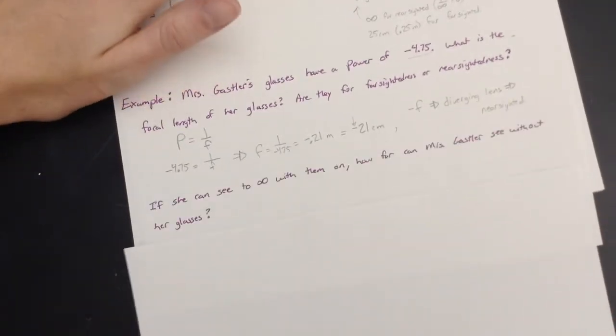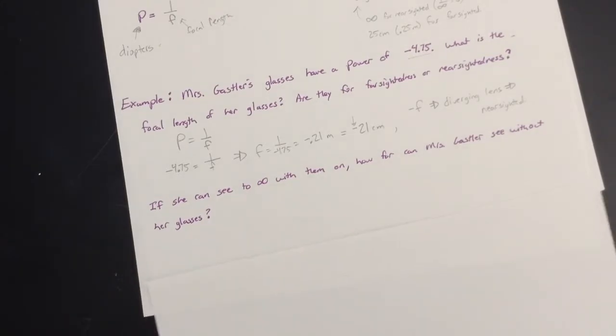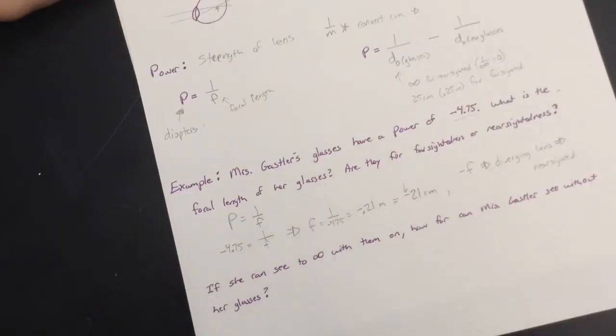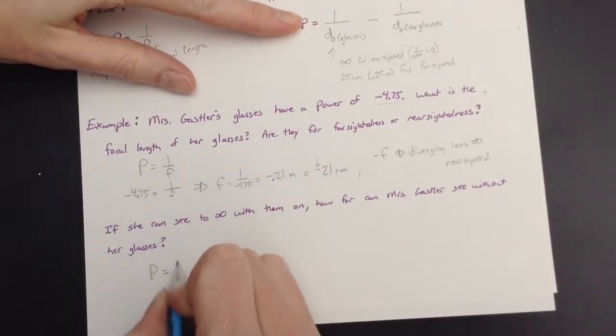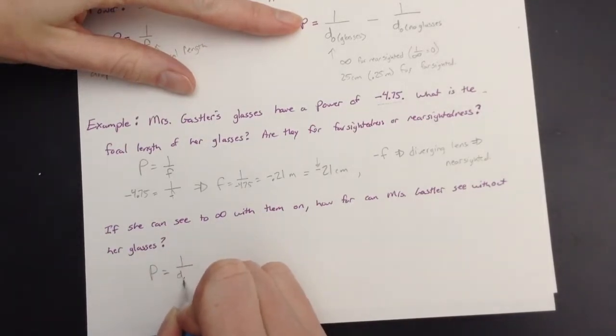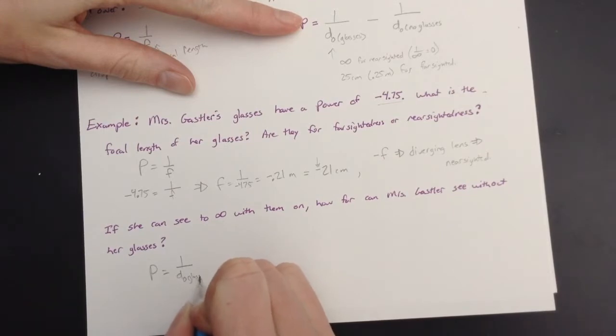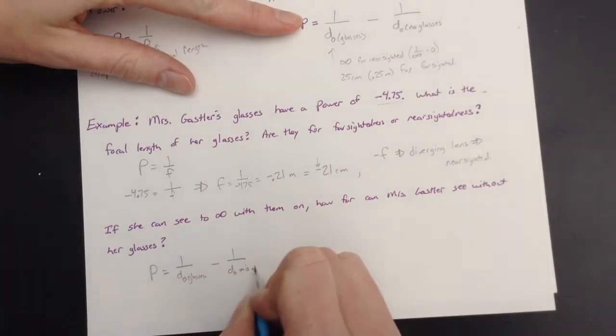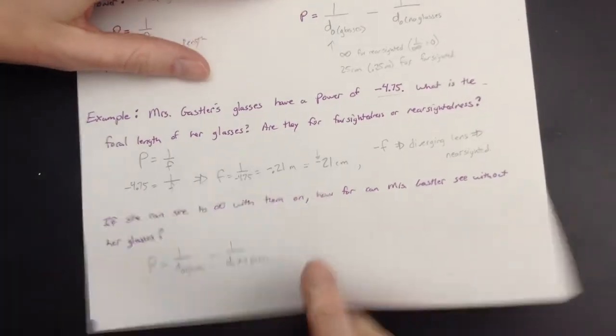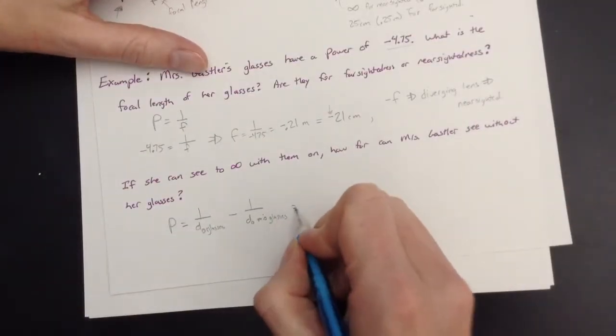Now, here's the fun question. If I can see to infinity with them on, how far can I see without my glasses? This will be fun. Okay. All right, so we're going to take that second equation that we talked about here. The power of my lenses is 1 over DO with my glasses minus 1 over DO without my glasses. Okay. So with my glasses, remember, I can see to infinity.